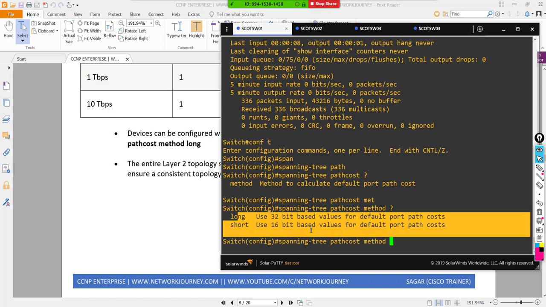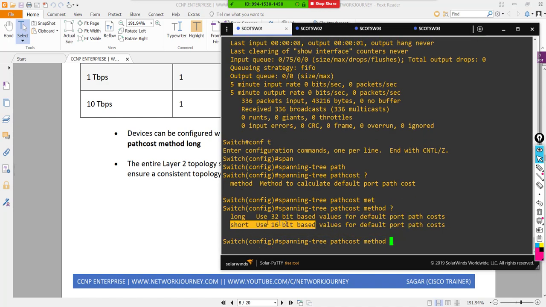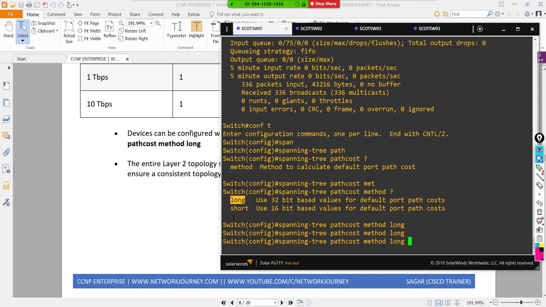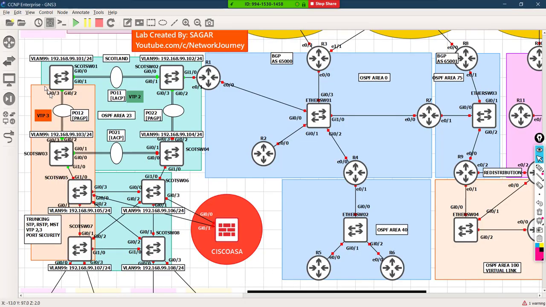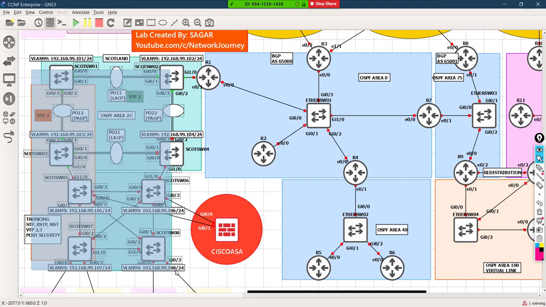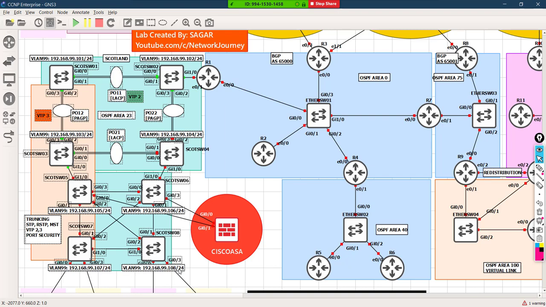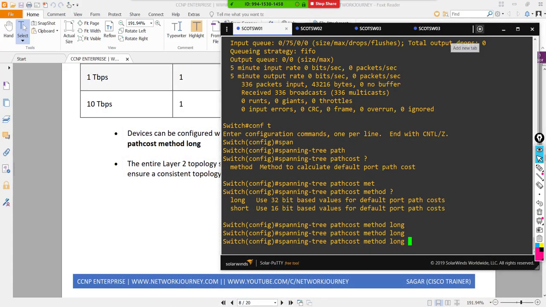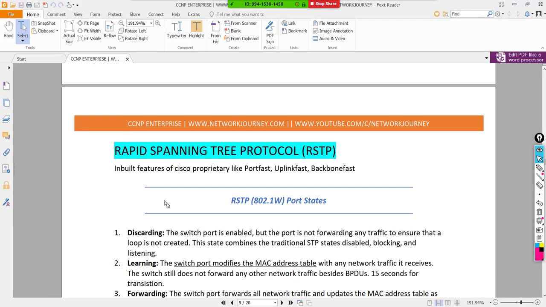Now there are two ways. By default it is short, but yes, you can change it to the long method. The only thing to remember is you have to change this throughout your network design. All the switches have to follow the long method, otherwise there will be inconsistency. One will give you a cost of 4, another might give some other cost. So keep the same setting across the whole network diagram.